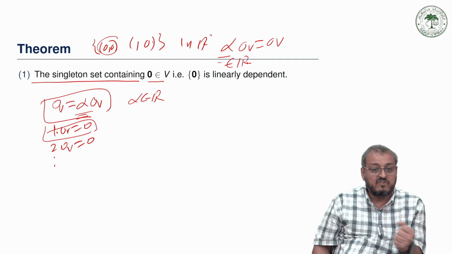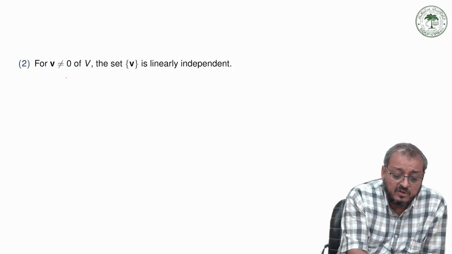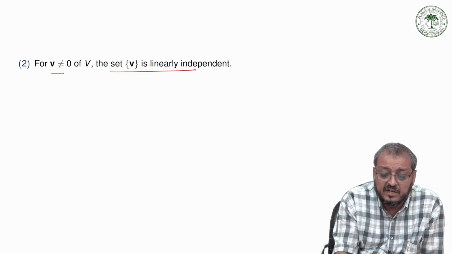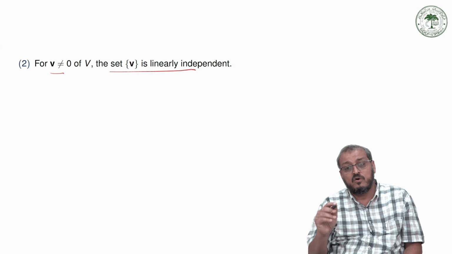Now we have the second property: if V is a non-zero element, then the set containing V is linearly independent. Consider a set with a vector V not equal to 0.